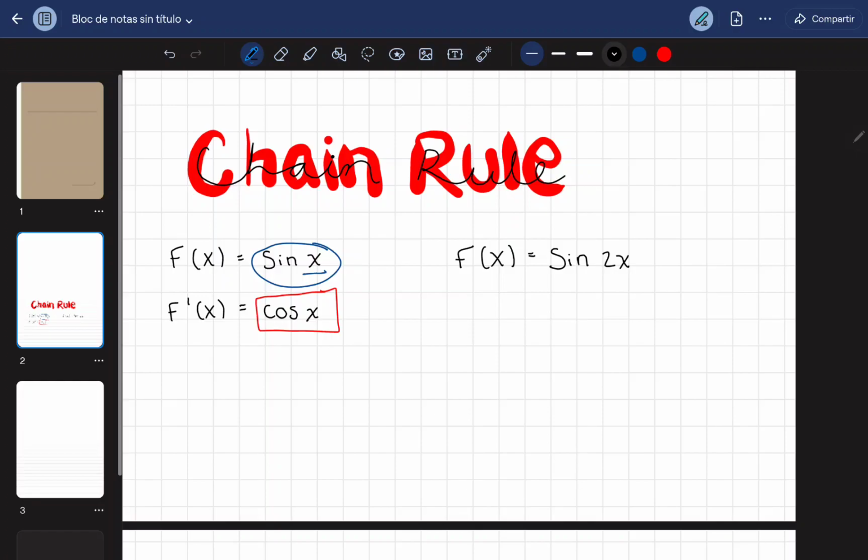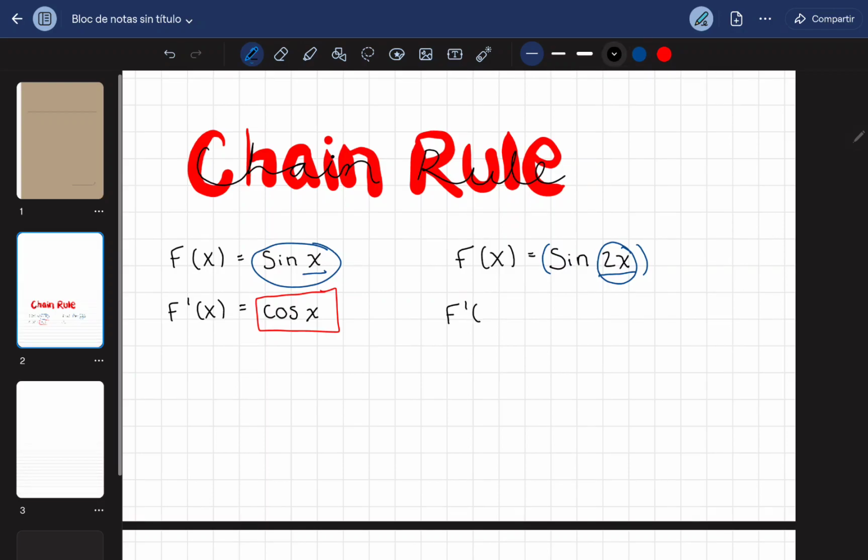Okay, so we know the derivative of sine is cosine, but as you can see, we have a 2 here inside the angle, right? So we are going to apply the same thing, the chain rule. Okay, so we are going to get the derivative of the outer term times the derivative of the inner one, which is 2x.